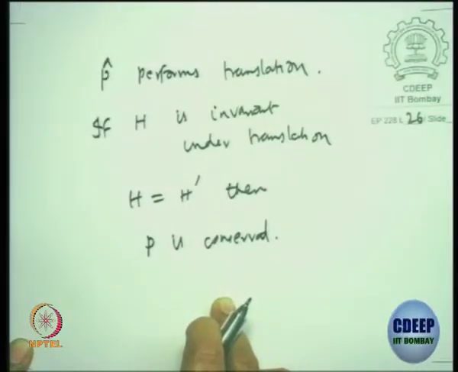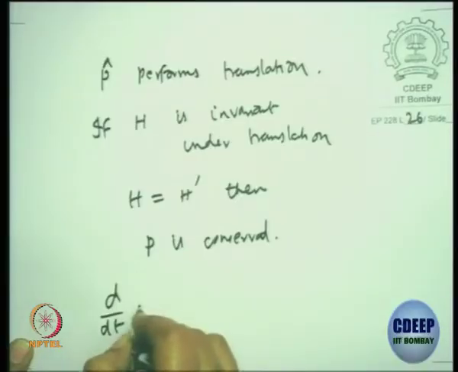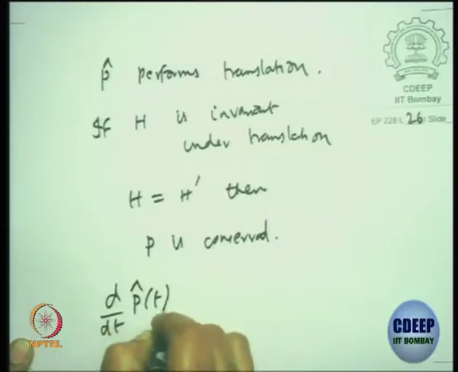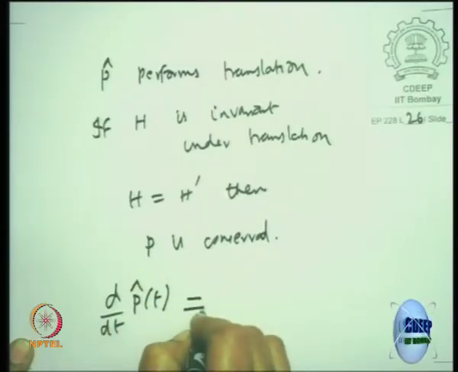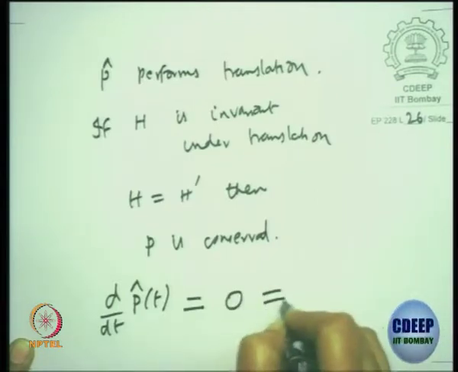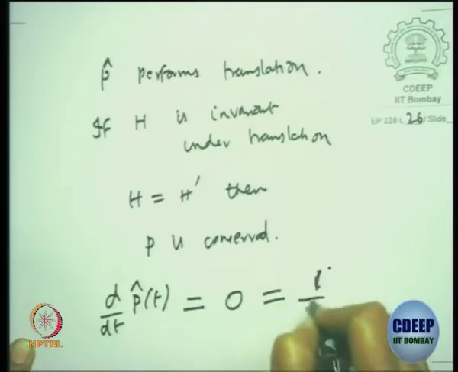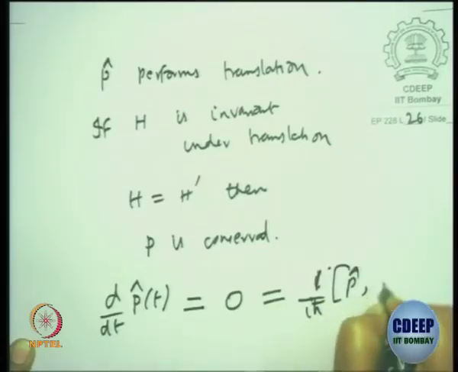Classical mechanics. Quantum mechanics, what do we say? d by dt, in Heisenberg's picture, the P operator should be 0. By the Heisenberg picture, this is nothing but 1 by i h cross, the commutator of the P operator with the H operator.